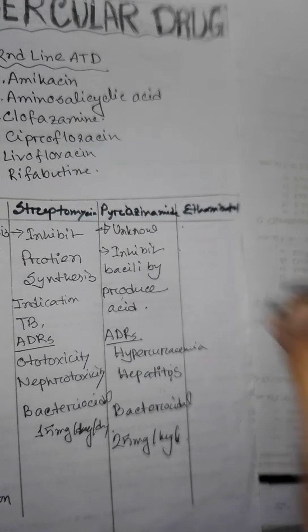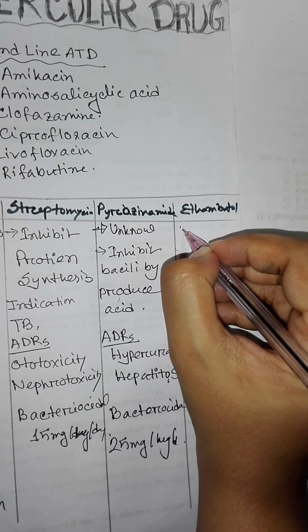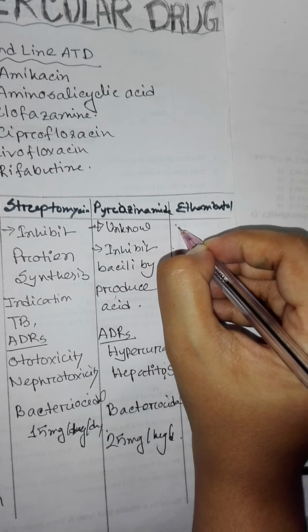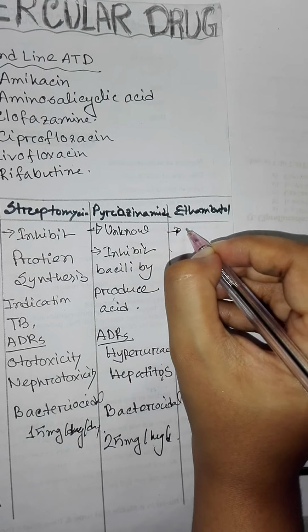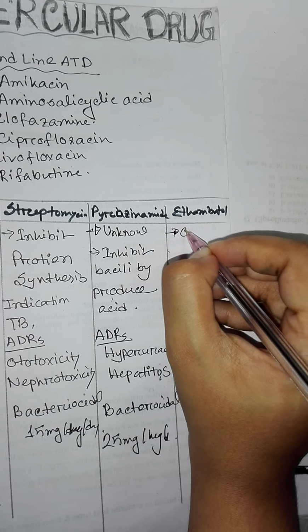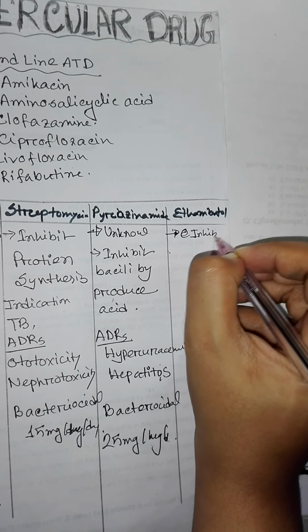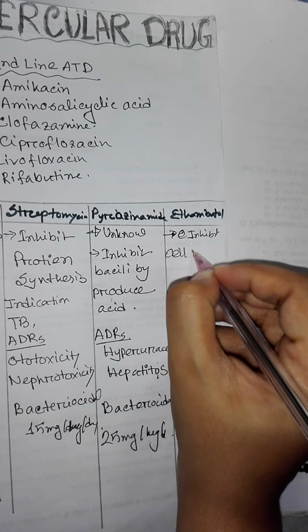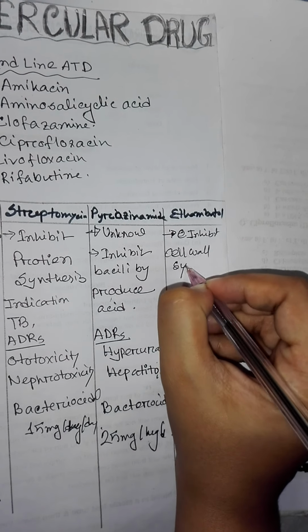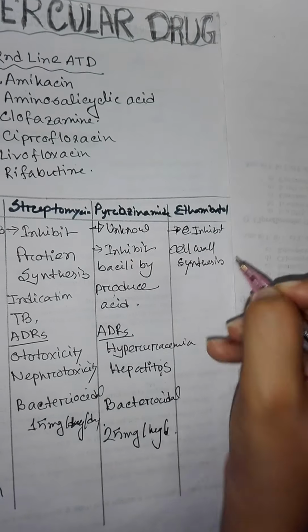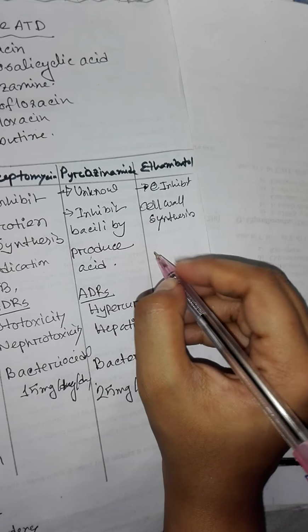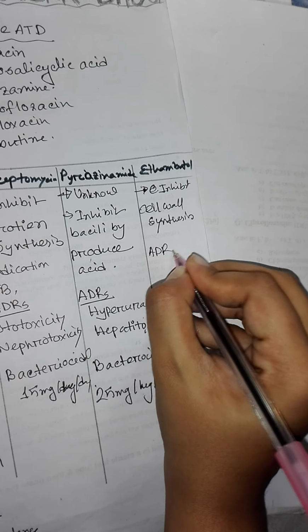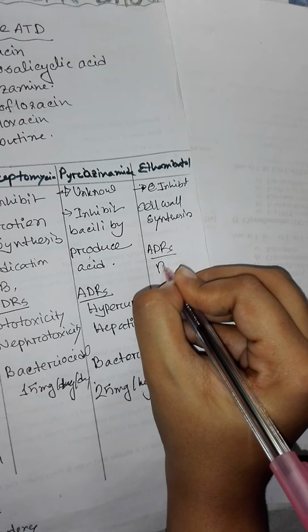Now ethambutol. It inhibits cell wall synthesis. Adverse drug reaction is retrobulbar neuritis.